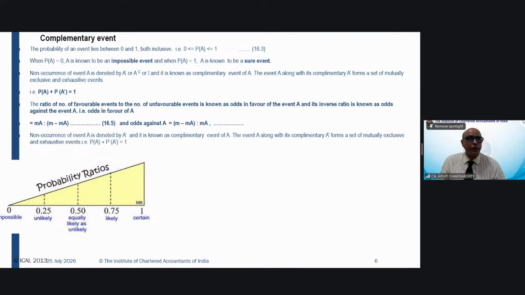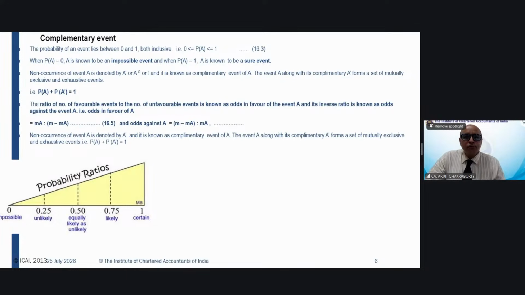In this context, please remember that even when there is a credit sale, I'll just take you to accounts for a while. You might be aware of provision for doubtful debt, provision for bad debt. These you will learn later.